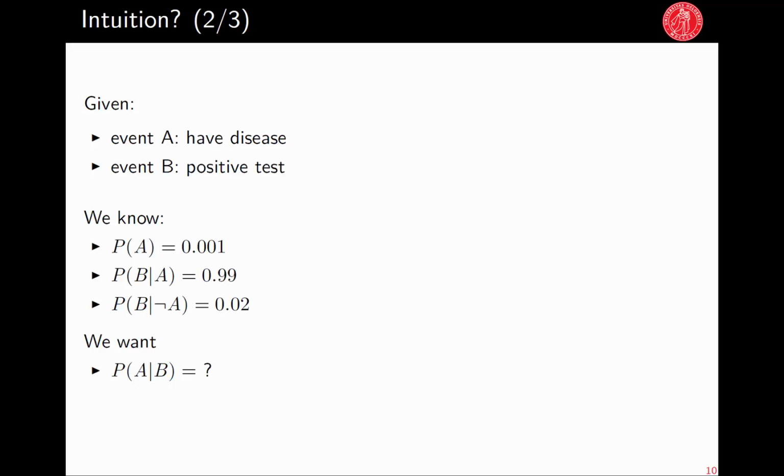And the false positive rate: you're actually not sick, not A, but test positive in 2 out of 100 cases. What Yoda really wants to know is the probability of actually being sick given that he has tested positively. We know that B is true and we want to know what's the probability of A being true.